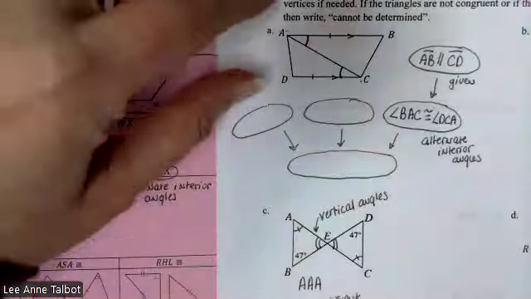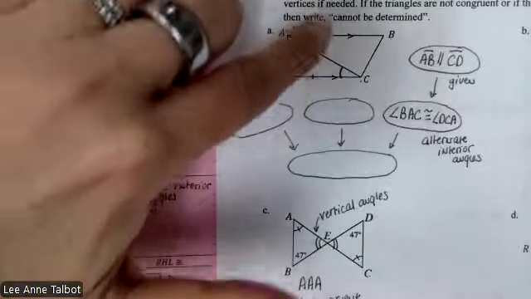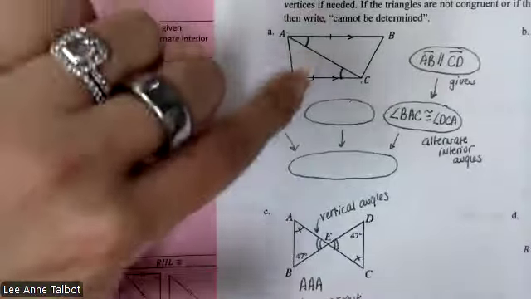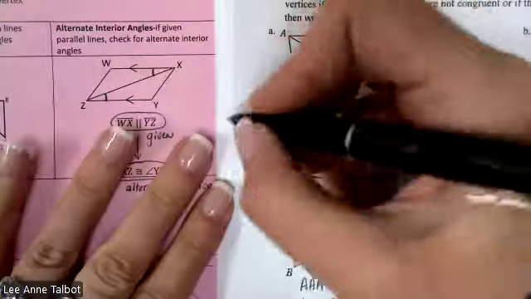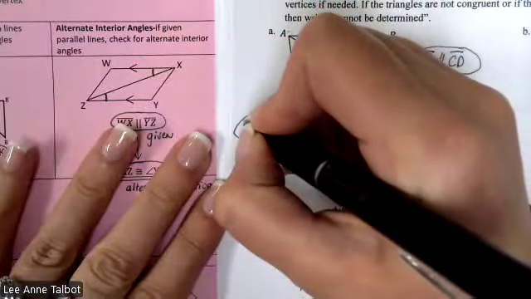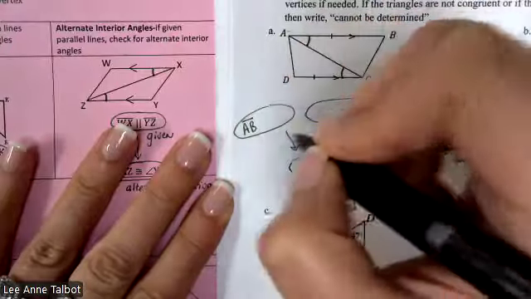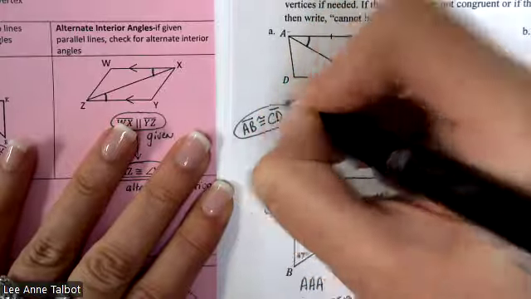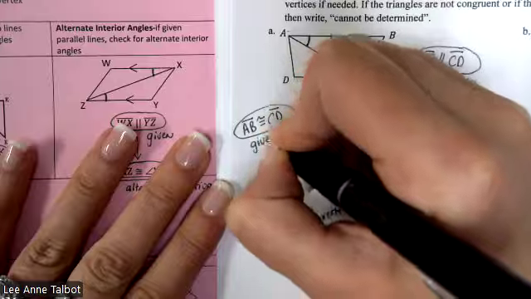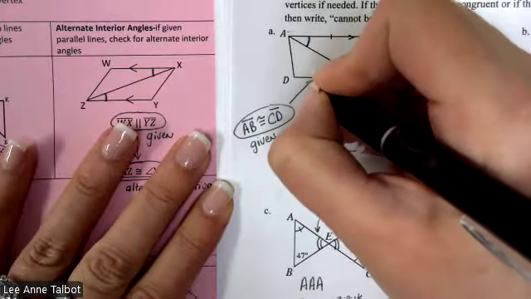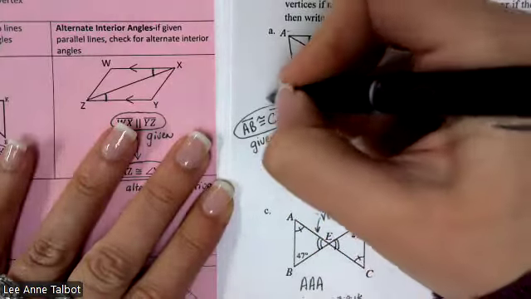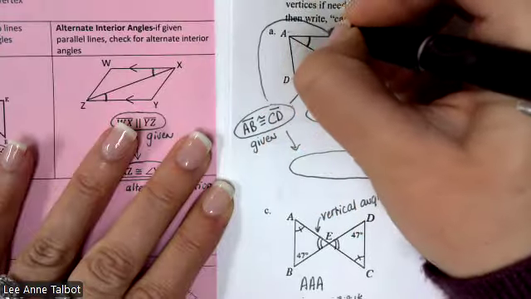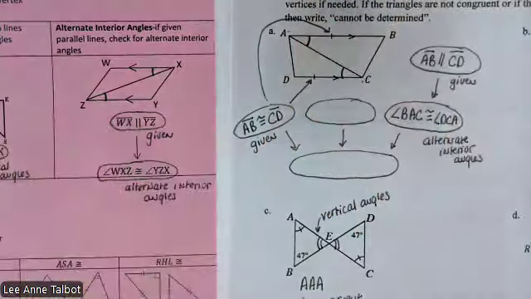Now I have some other stuff. I noticed that there's tick marks on the top and bottom of this also. So I can say the side AB is congruent to the side CD by given. And that is because of this and that.